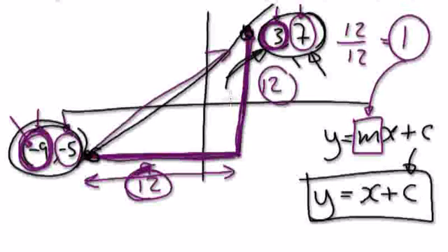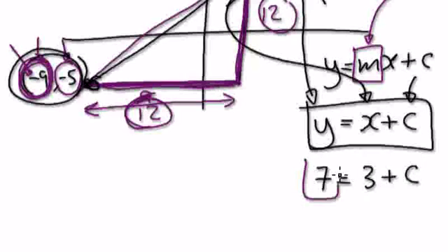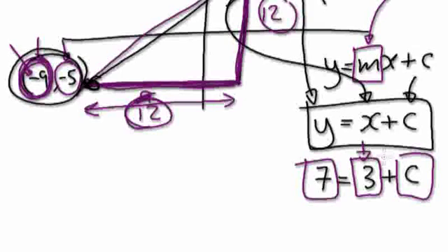So 7 equals 3 plus c. Take away 3 from both sides, so that c is on its own. That gives 4, so c equals 4.